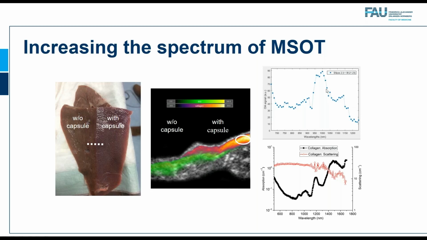So you see here just images from a liver ex vivo. This was a pig liver, I think, and you can see on the left side the liver without the capsule.